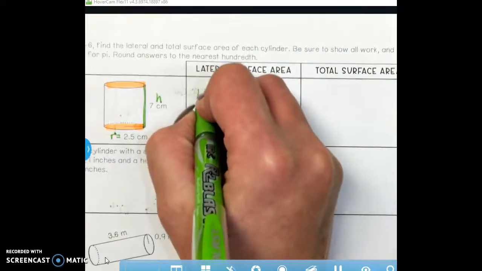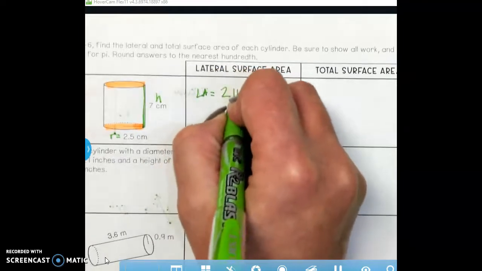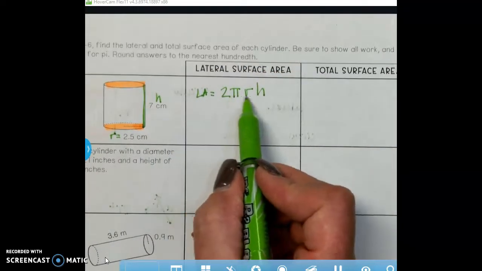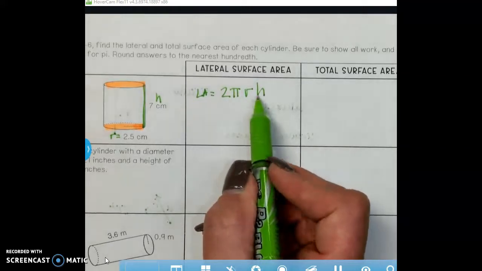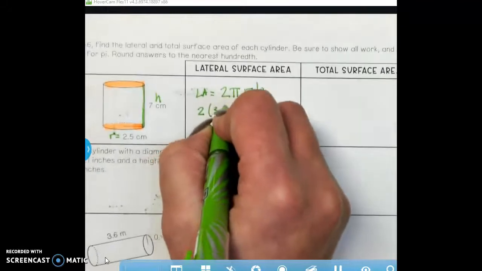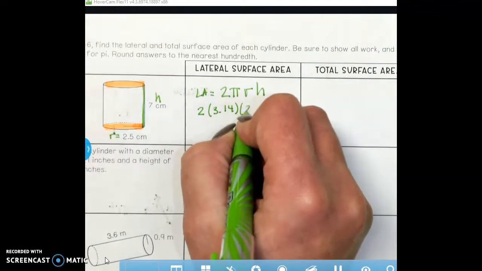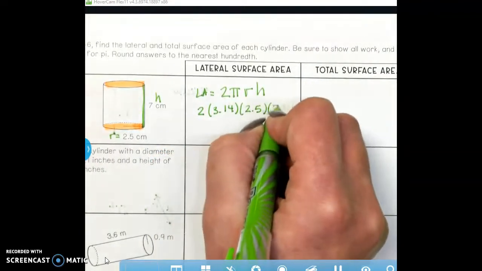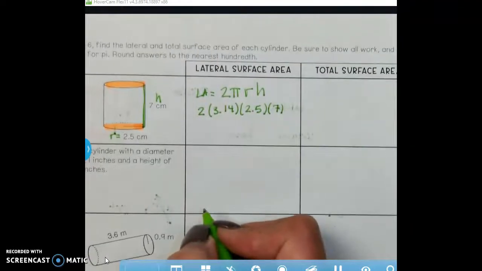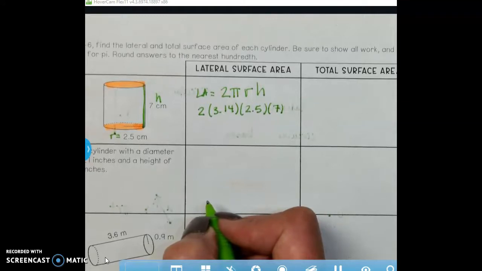Lateral surface area would be 2 pi r h. What am I doing with those 4 values? I'm going to multiply them. Plug in, in the same order that you're seeing. When you multiply, you definitely can do some shortcutting.